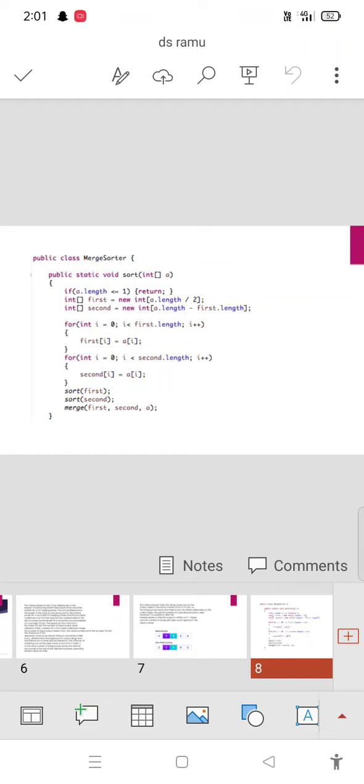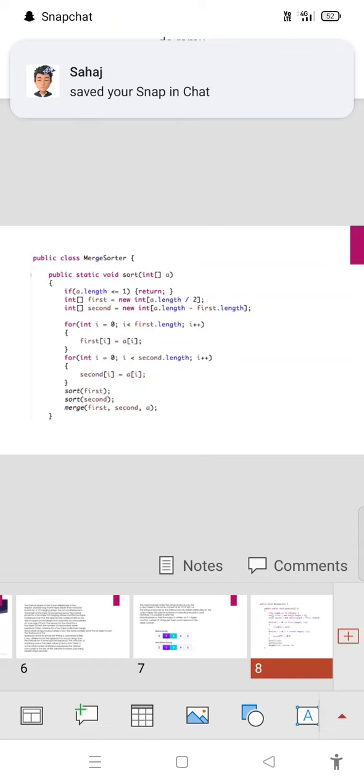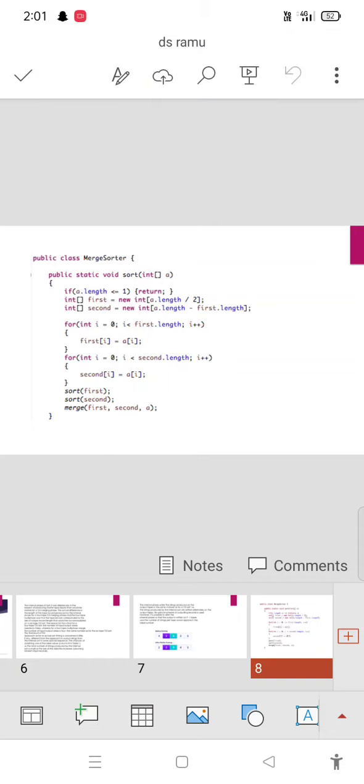Lastly we get for int i = 0, i less than first.length, i++, which means increment, first[i] = a[i]. For i = 0, i less than second.length, increment, second[i] = a[i + first.length]. Sort first, sort second, merge first plus second plus a, where first and second are used to get the output in a.